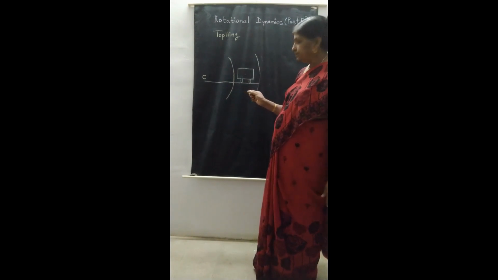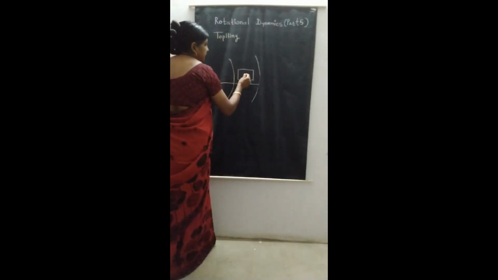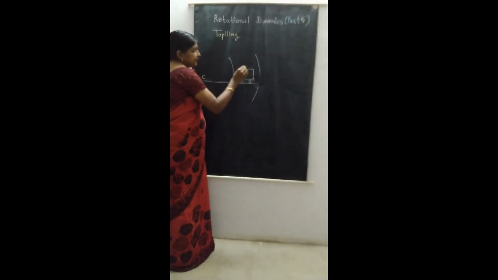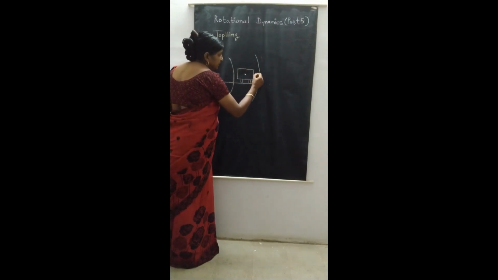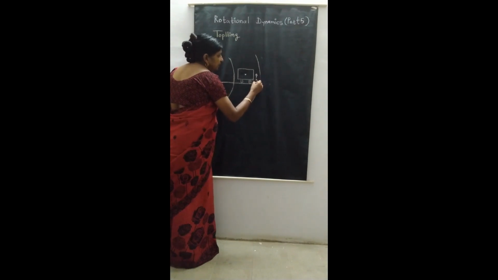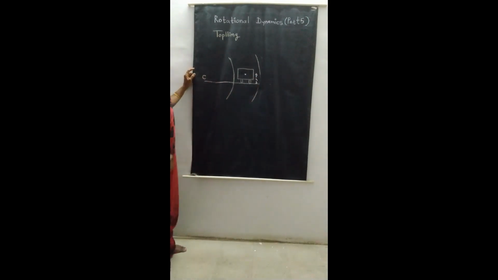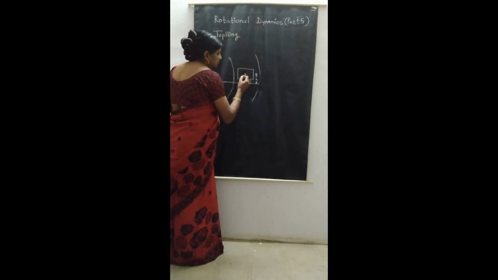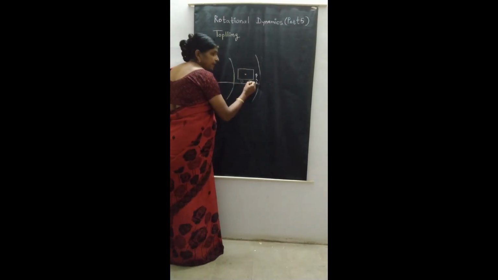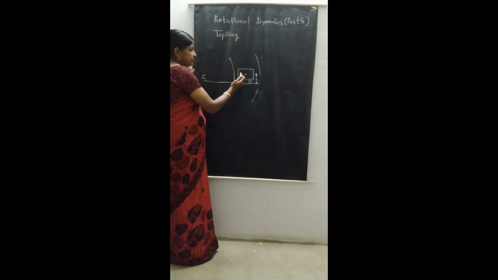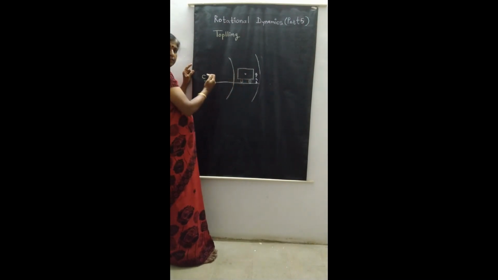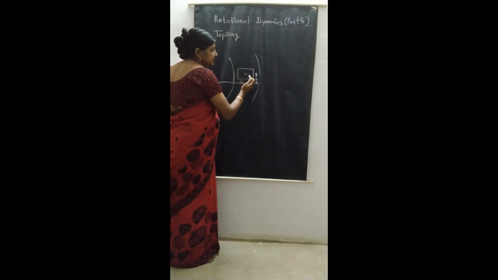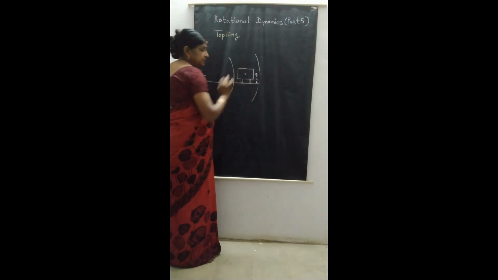As usual, it is the center of gravity of the vehicle. This center of gravity is at a distance small h from the ground level. Then there are two wheels of the vehicle on the left hand side, that is the inner side of the road, and two wheels on the outer side of the road.